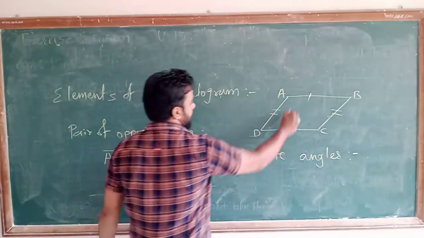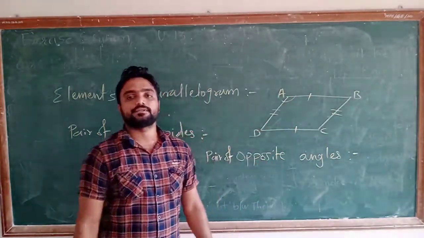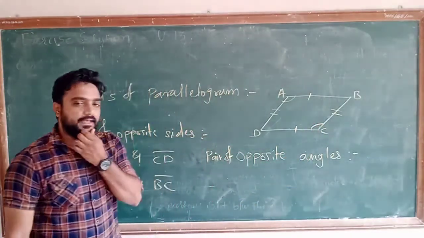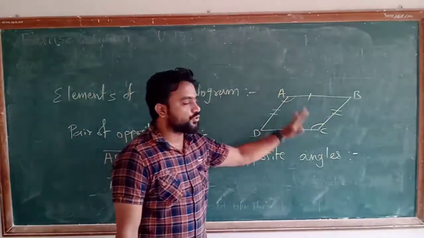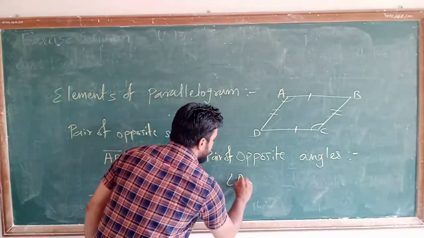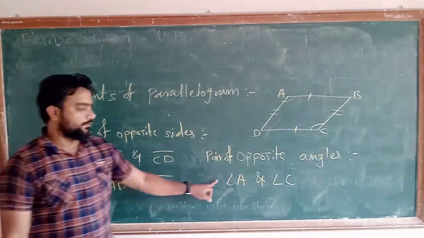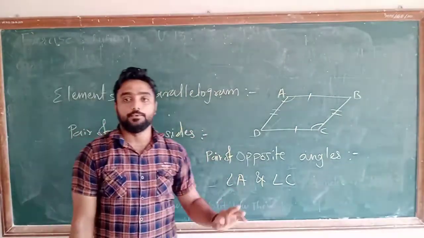Just see here angle A, और angle A के exactly सामने वाला कौन सा angle है? So here it is angle C. तो यहाँ angle A और angle C को opposite angles बोला जाएगा. Why? Because these two angles are opposite to each other. So angle A and angle C, this is one pair of opposite angles.